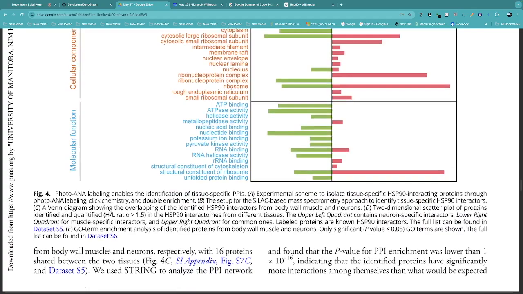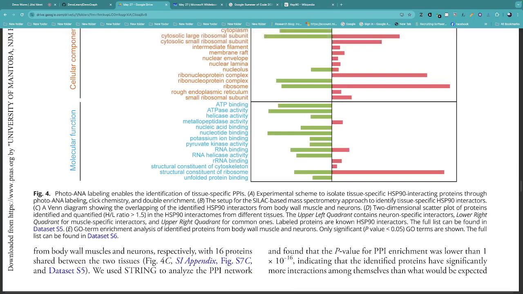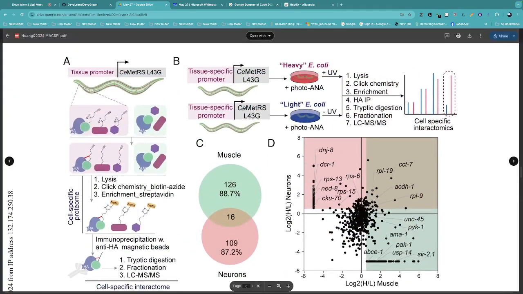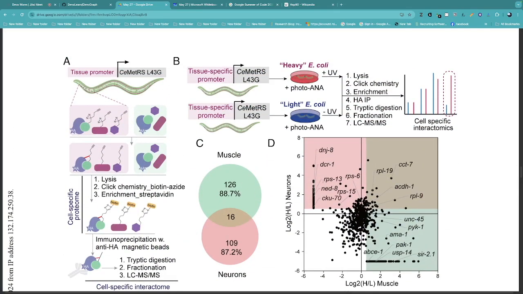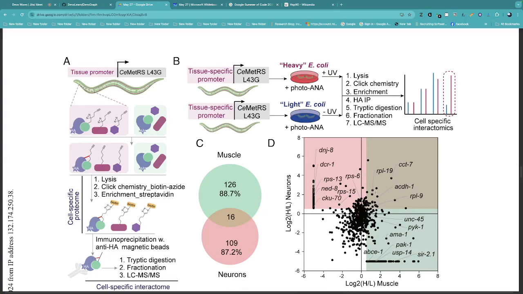And then D, a two-dimensional scatter plot of proteins identified and quantified using this H/L ratio, and the HSP90 interactomes for different tissues. So these are actually proteins, not genes. And so they identify these specific protein types in muscle and neuron, and they plotted according to this metric H/L.